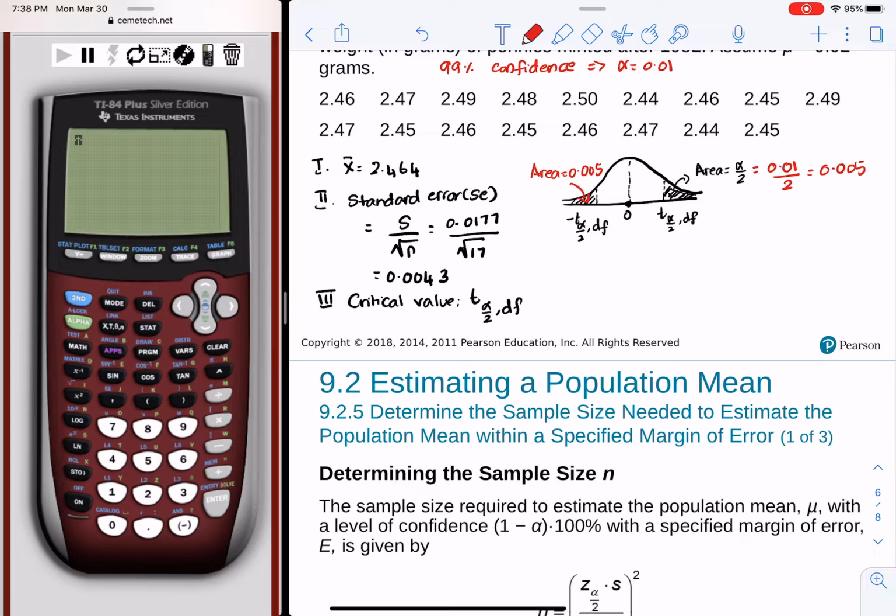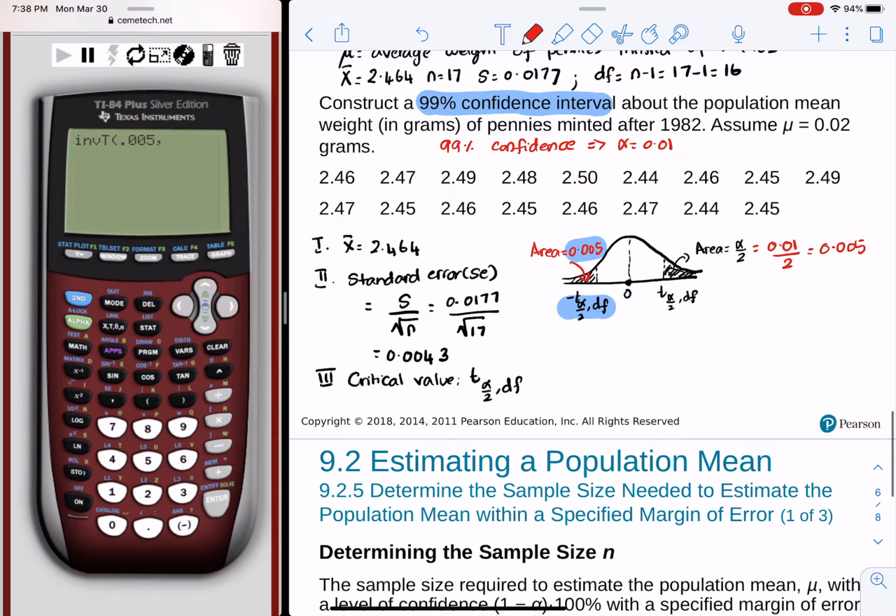So second vars, option number 4, we have to enter the area below the t-value. You can pick one of the two sides, either the positive side or the negative side. I am going to pick the negative side because I know the area below the negative critical value right here is 0.005. So 0.005, comma, the degrees of freedom, which is n minus 1.